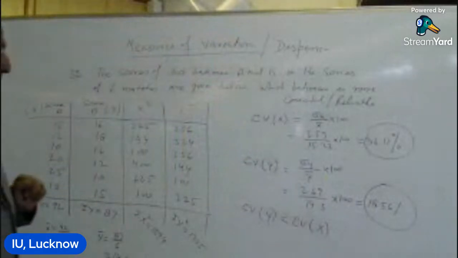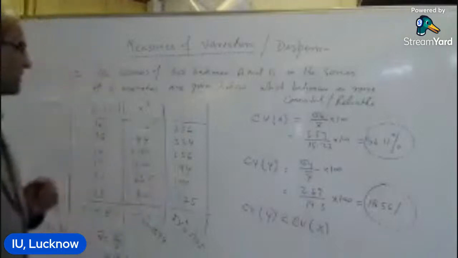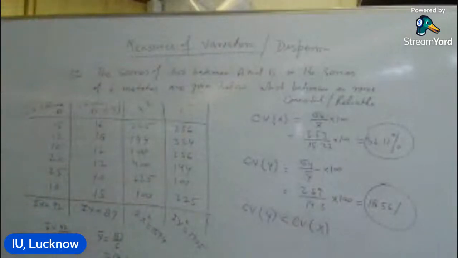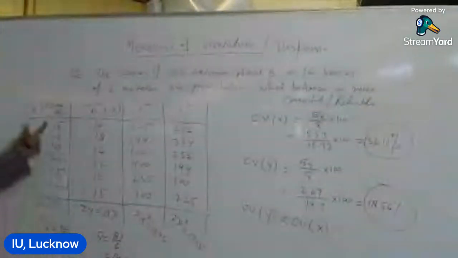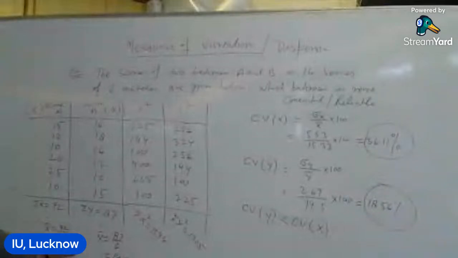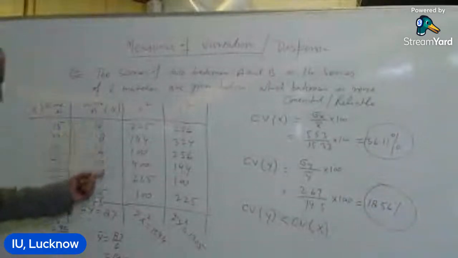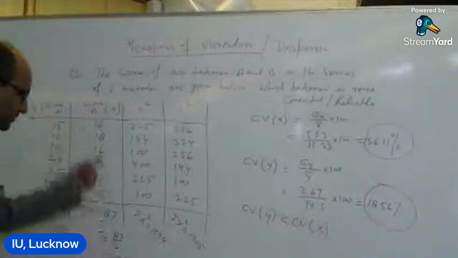But one more question in this example: which batsman is better? Consistency is one thing and betterment is another thing. If you want to see which batsman is better, you have to go for their mean value. The average score of batsman A is 15.33 and the average score of batsman B is 14.5.